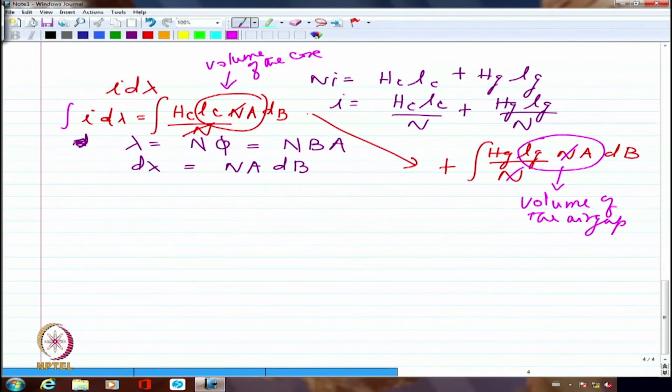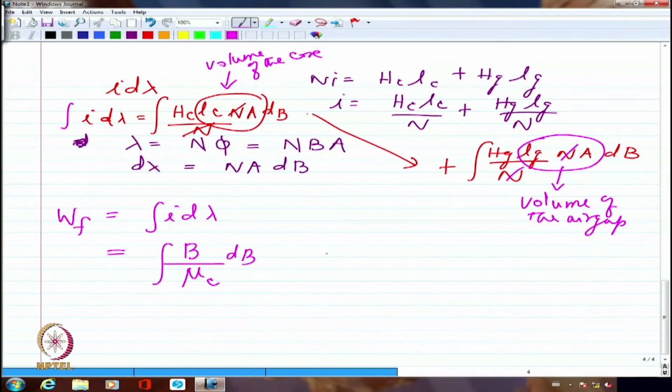Right? So I can say Wf, which is equal to the integral of I d lambda, will be, in this case, Hc, which will be the flux density divided by, I can say, mu of the core, mu c, multiplied by dB.